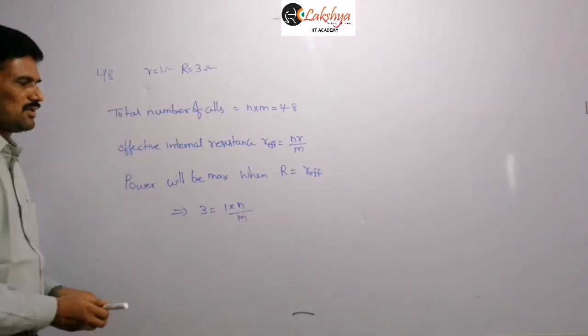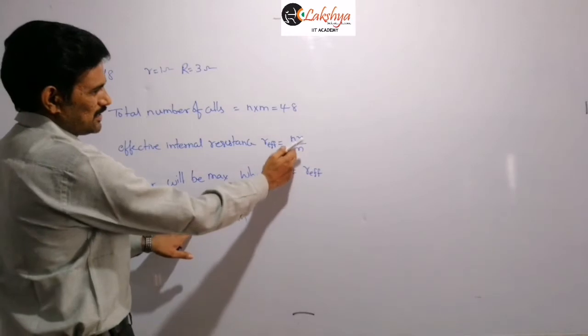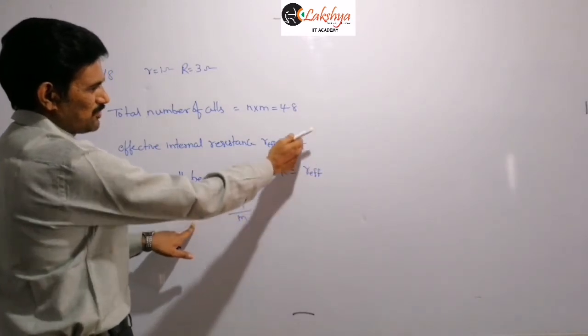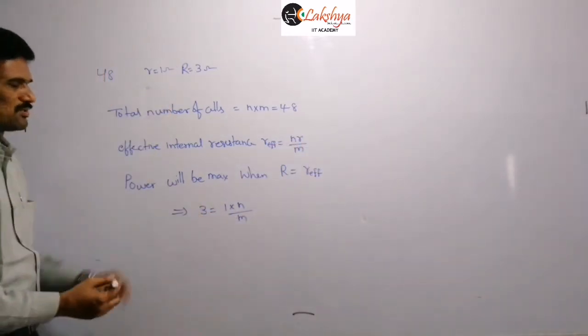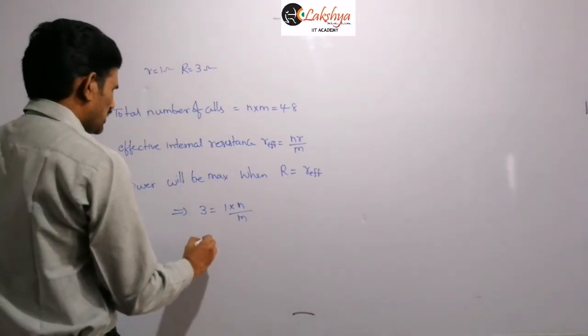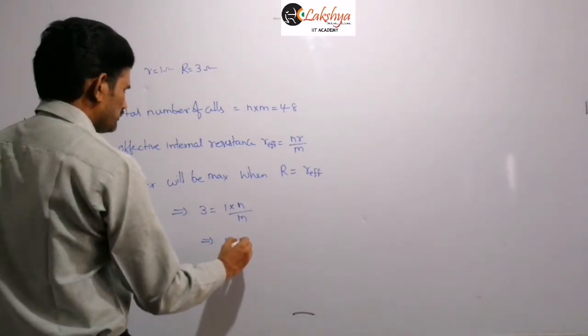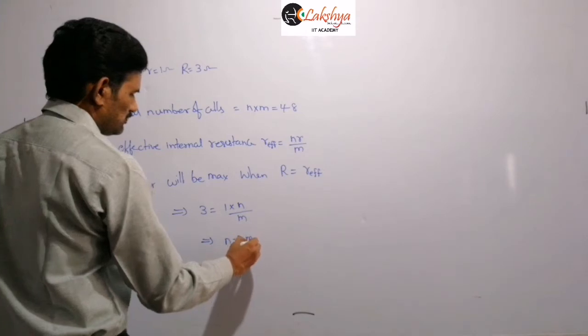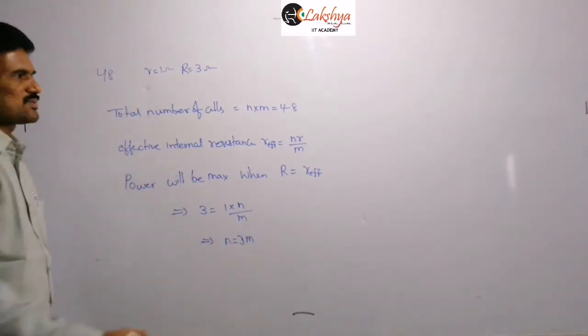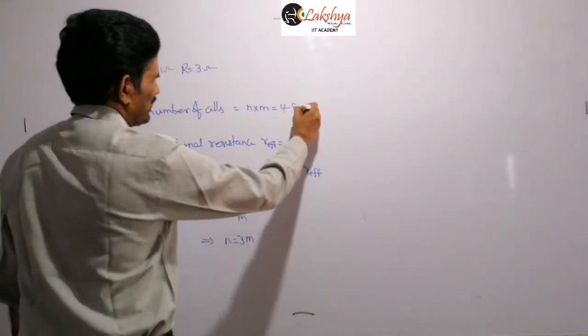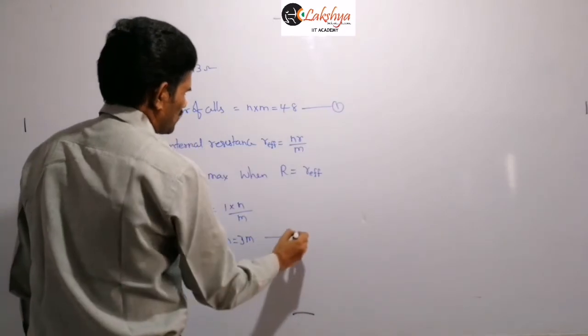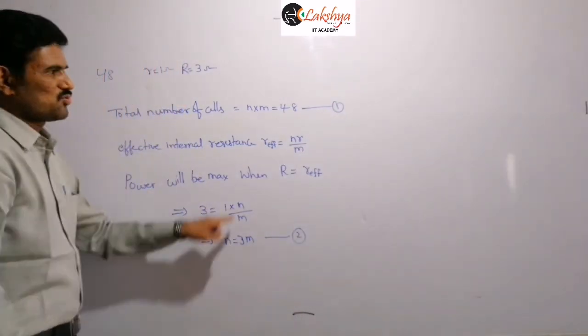Got it? 3 is the external resistance, and the internal resistance is nothing but this n r by m, where the small r value is given as 1 ohm here. And so from this, we can write n is equal to 3m, just by cross multiplying. Now let us say this is equation 1 and this is equation 2. Just substitute this n value here.